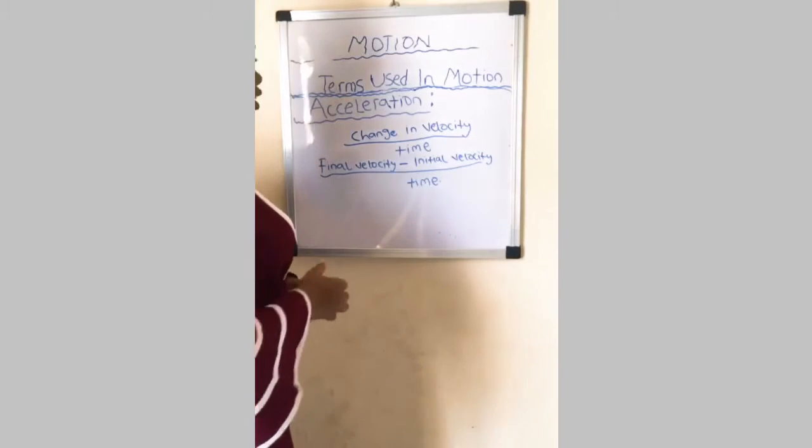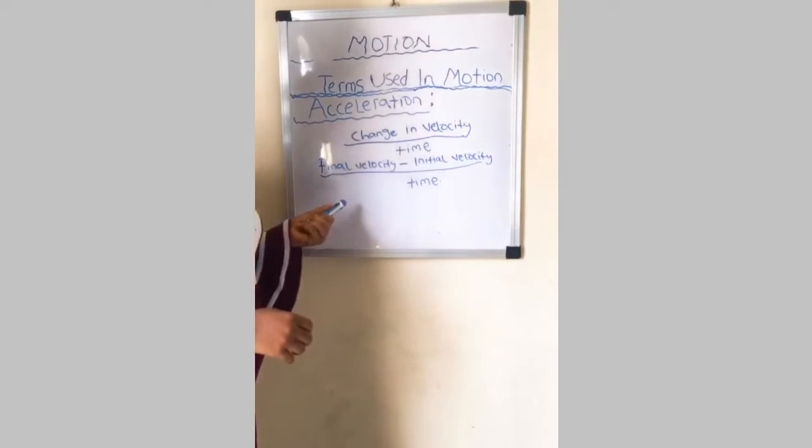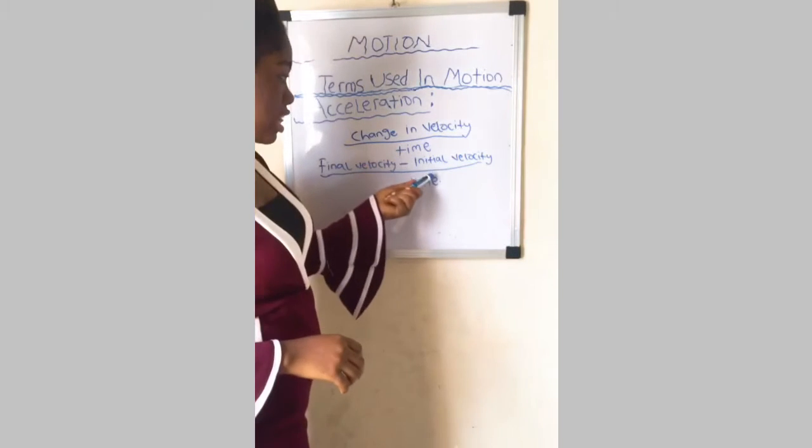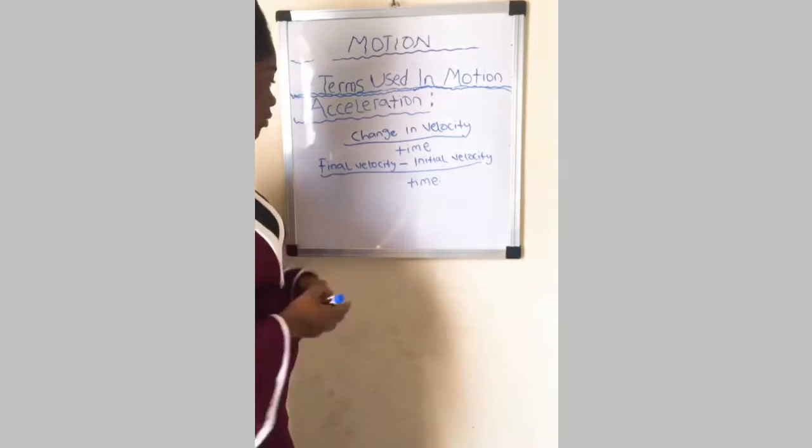So acceleration is change in velocity over time, and it can therefore be final velocity minus initial velocity over time.